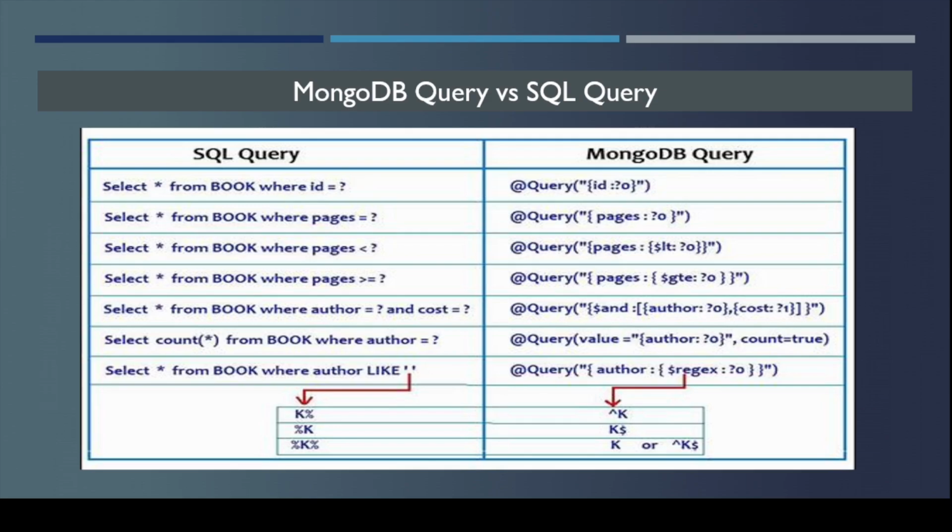We can use the query annotation to specify a custom query to declare a method of a custom repository. You know that we have to create one interface for the repository so that it can work accordingly, and we can write our custom query. It works in a similar way to how the JPA does.